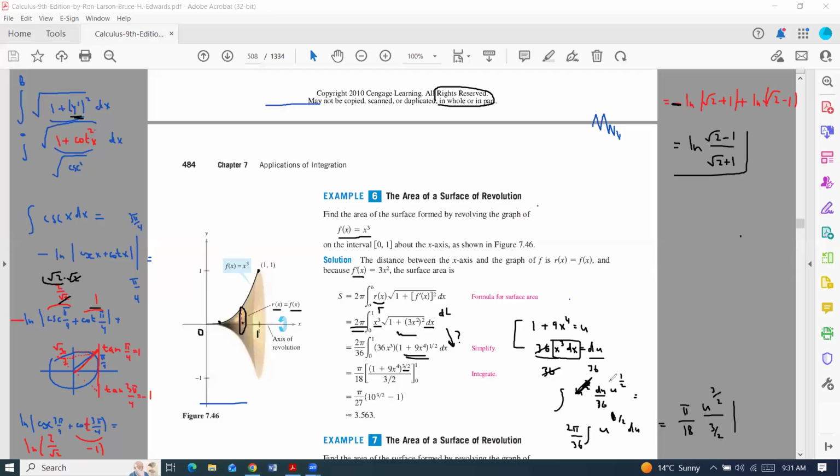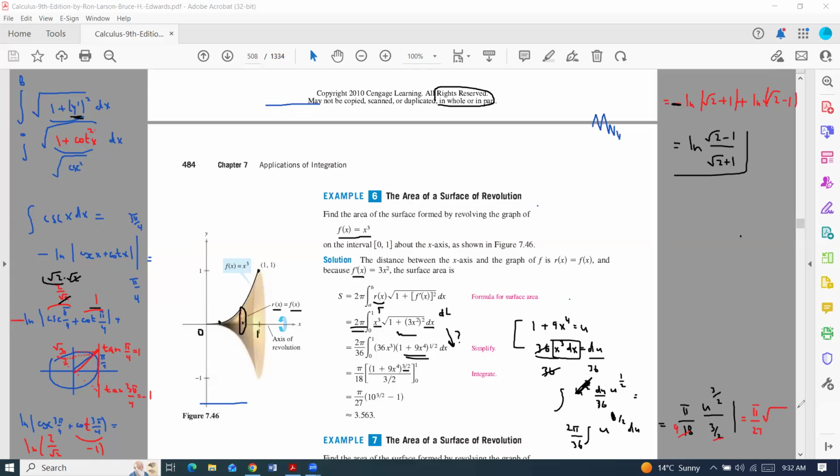Well, looks like I can cancel a little bit more. So it becomes 9. And 9 times 3 is 27. So it will be pi over 27. And then we have u to the power of 3/2.